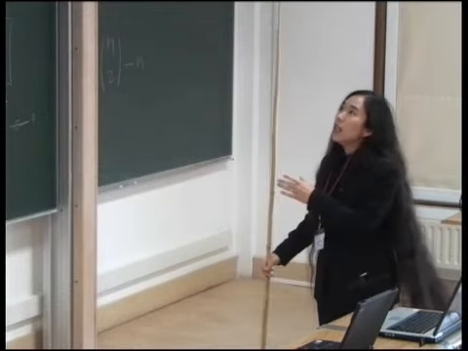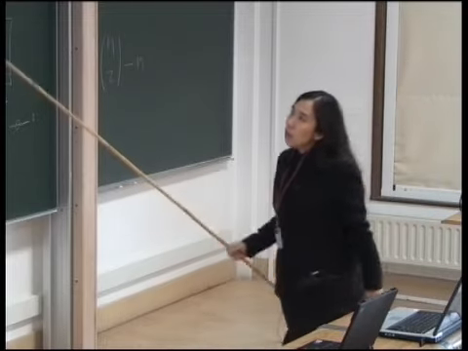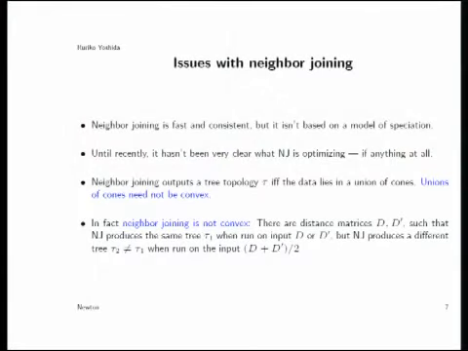Okay, so the issue with the neighbor-joining method. The neighbor-joining method is very fast and consistent, but it is based on the model of speciation. So this is not actually okay.